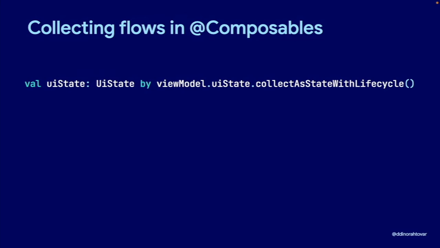viewModel.yourFlow.collectAsStateWithLifecycle. And this will make sure that your life cycle is in a specific stage that you want to be collected, that is on resume. When your activity is on track, that your user is seeing what is going on in there, and that collect as a state with life cycle will also remove the collector of the flow when you are no longer using it.